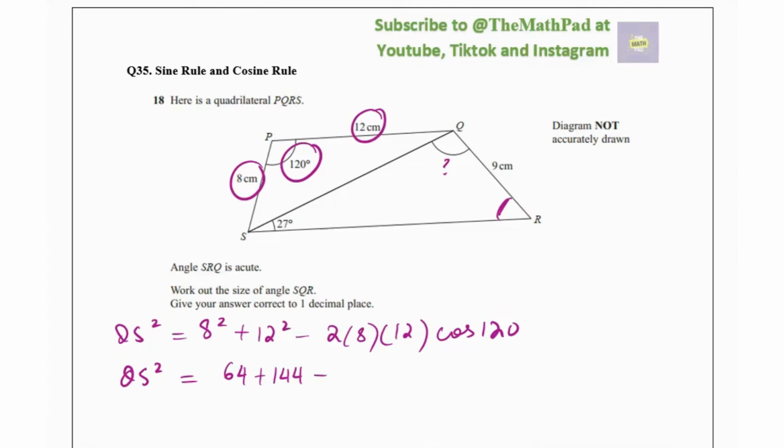So you have to make sure that you multiply these together. So that's going to be negative 96. So then it's going to be 64 plus 144 plus 96, and that's 304. Now we square root both sides. So square root of 304, that's going to be 17.43.